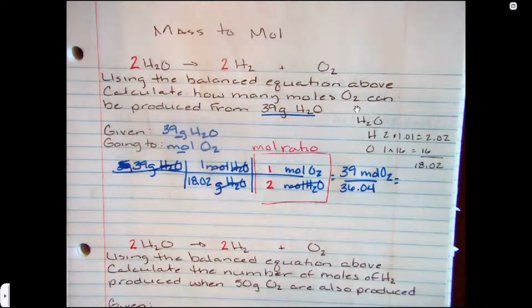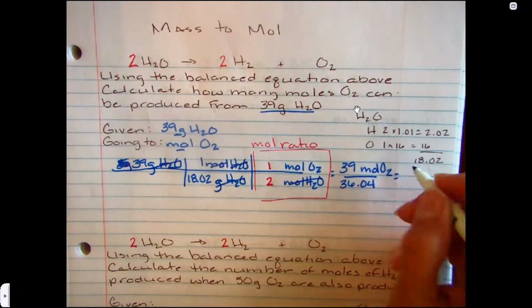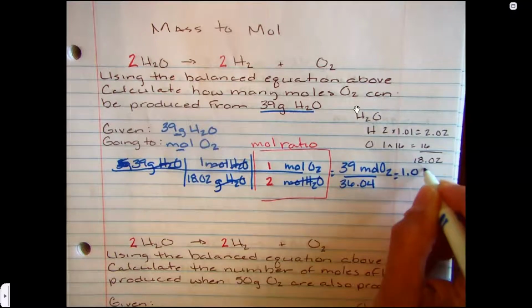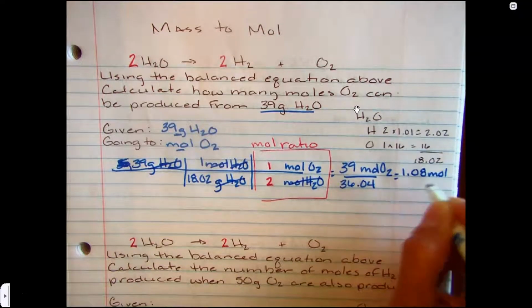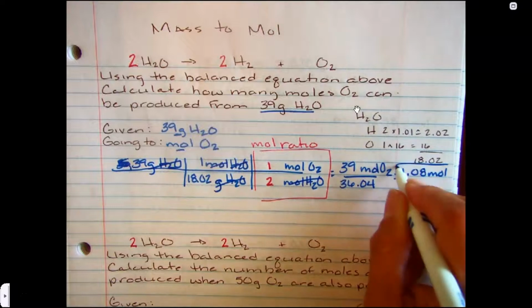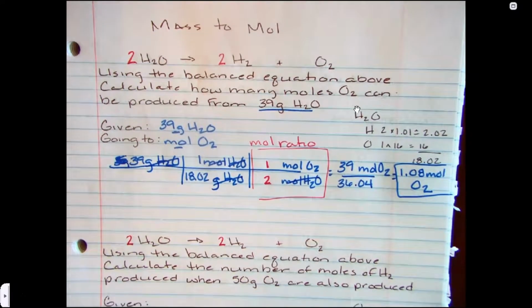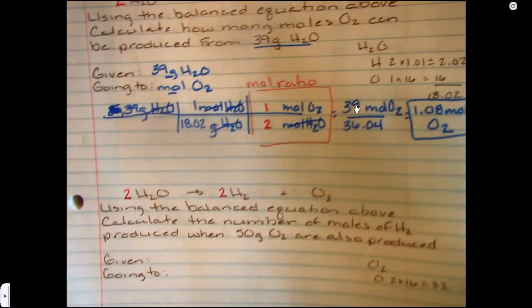Now we just do the rest of the math. 39 divided by 36.04 equals 1.08 mole O2. Now I know these are a little more complicated because you have to find molar mass, but that's why we did that review. You just have to keep yourselves organized.